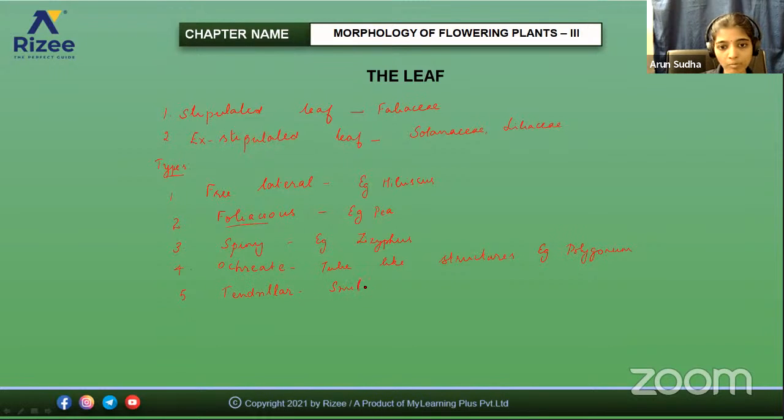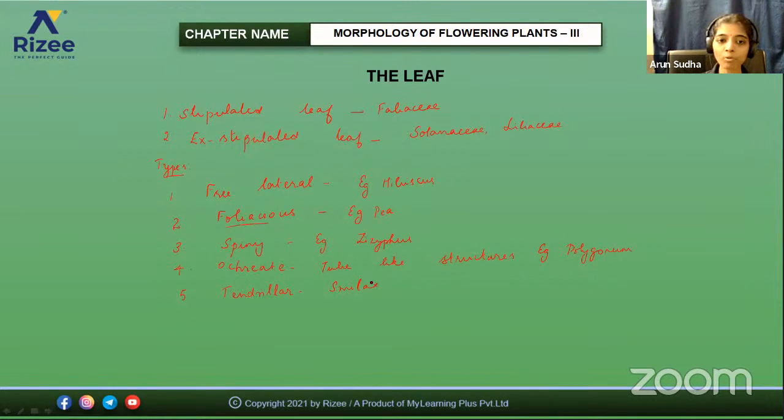The example is smilax. So these are some of the types of stipules present in different types of plants. If the leaves have stipules, then it is a stipulate leaf. Mostly it is present in members of Fabaceae, and exstipulate leaf is present in Solanaceae and Liliaceae, and there are different types of stipules based on the structure.